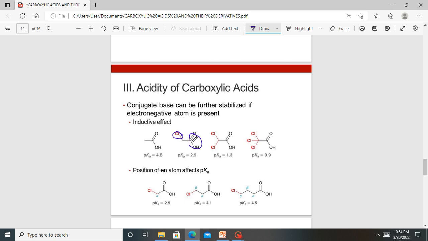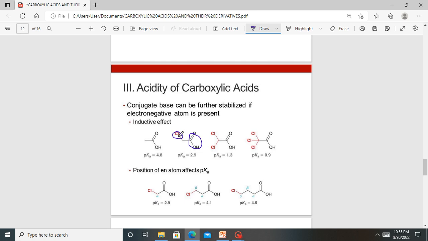Chlorines tend to pull electrons from this system, weakening the bond between the O and the H. The pull of electrons from this system towards itself is what we call negative induction. Negative induction weakens the bond between the hydroxy oxygen and the hydrogen. Therefore, a base can easily take the protons out.